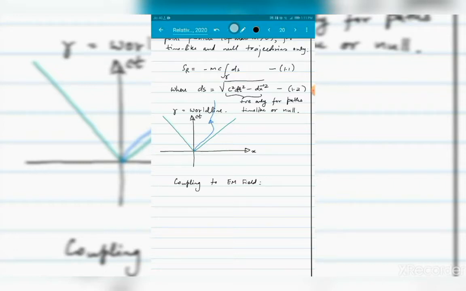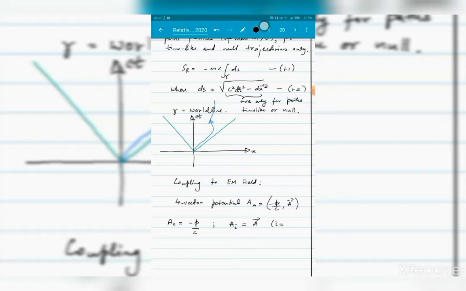We know that an electromagnetic field can be written in terms of a 4-vector potential whose time-like component is the regular scalar potential divided by c, and whose space-like components are the vector potential which you are familiar with.